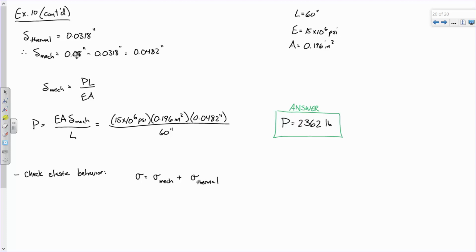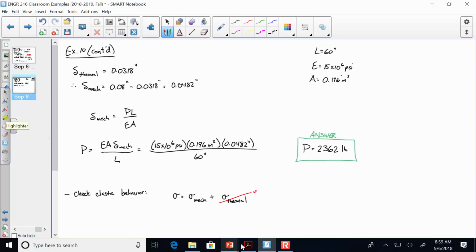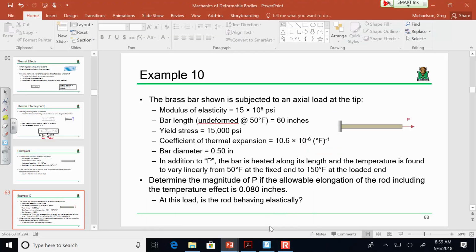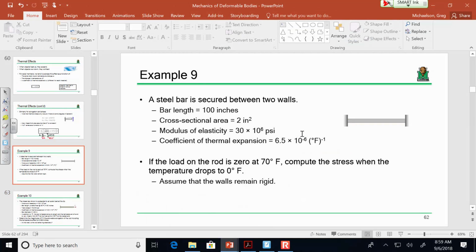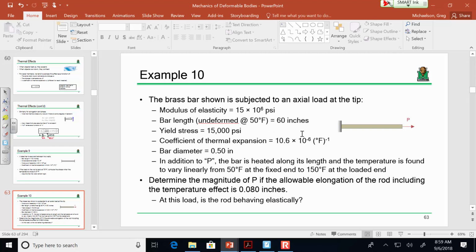Why? Because it's unrestrained. The only time we get thermal stress is when there's some degree of restraint. Like with the previous problem, we got thermal stress because the bar was being held in place.